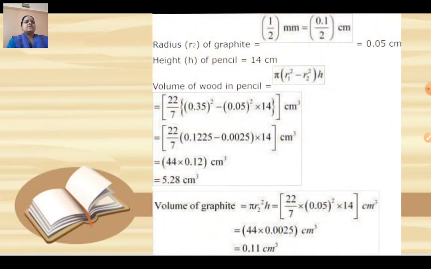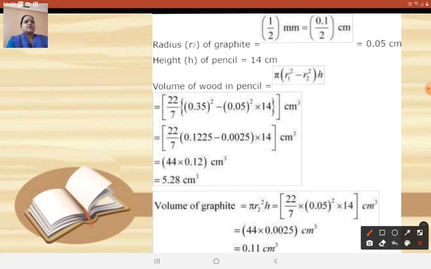Now let us see the radius of the graphite. For the graphite, the diameter is given as 1. So radius will become 1 by 2. Can you see over here? The radius will become 1 by 2. But again it is in millimeter. So 1 millimeter. How to convert it into centimeter? This is the d2 value.